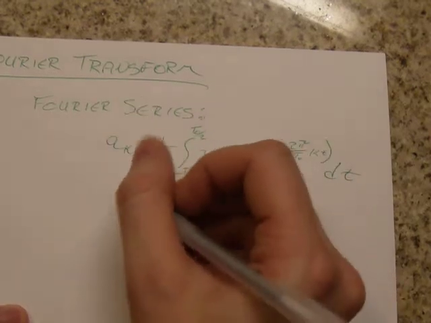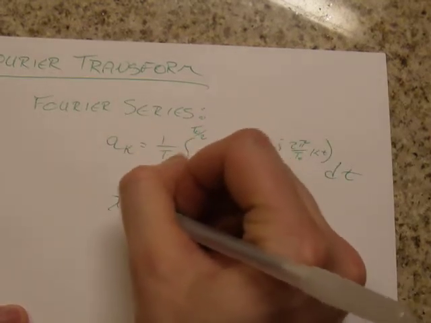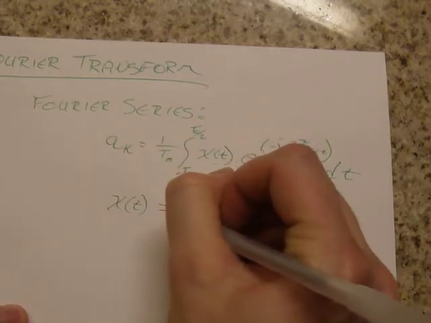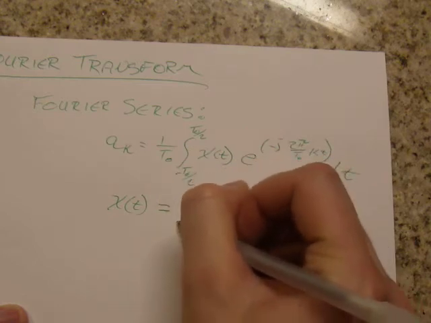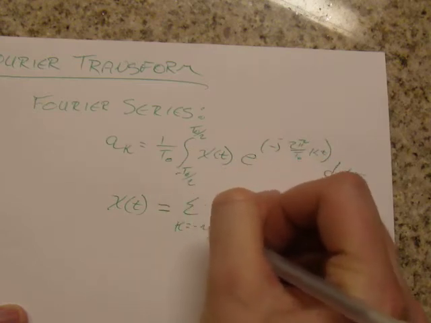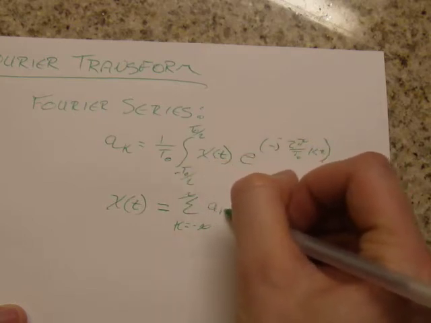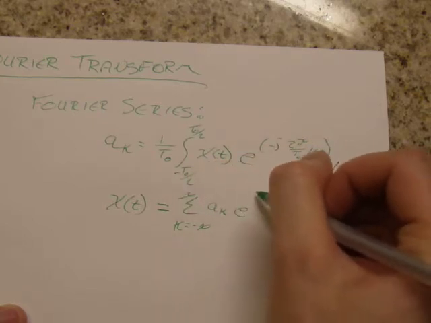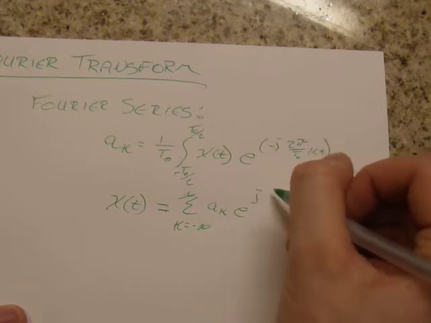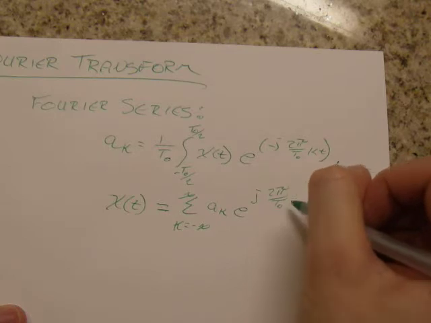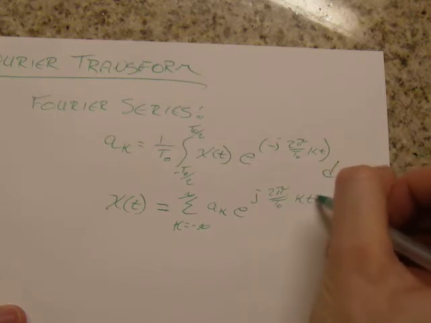And we also have x of t is equal to the summation from k equals negative infinity to infinity of a of k e to the j 2 pi over t naught kt.